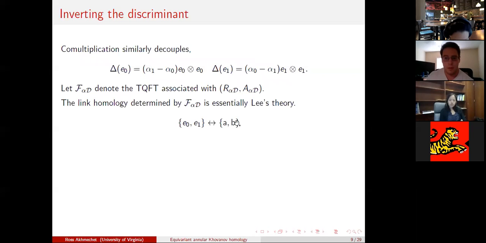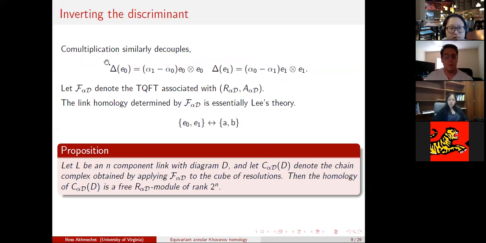So if you've seen that, these e null, e1 play the same role as A and B. So what I mean by it's Lee's theory: if you take an n component link diagram and consider the chain complex that you get from this TQFT, its homology is free of rank 2 to the n. This is what happens in Lee's deformation as well.